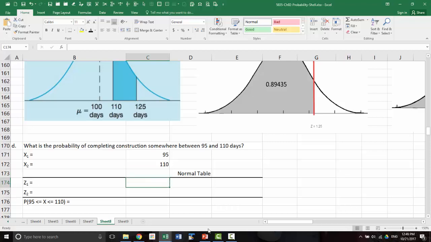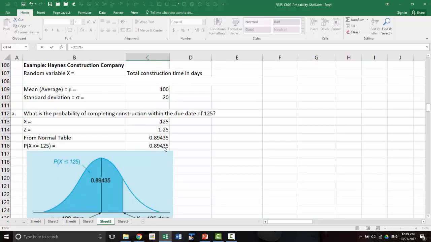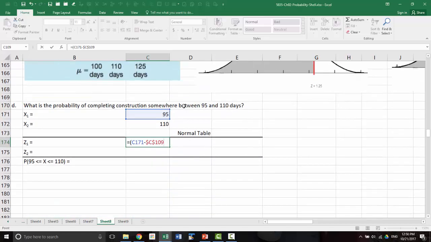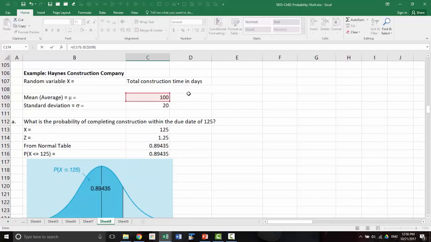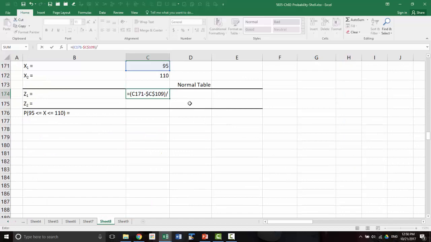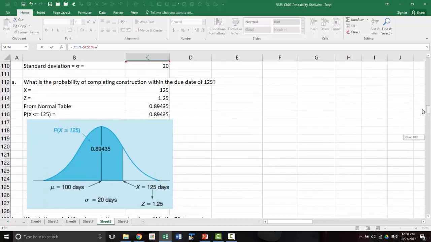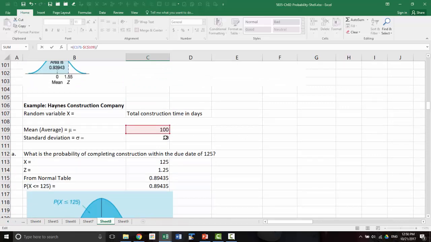So now we can convert these two x values into corresponding z's: that minus that absolute reference, divided by an absolute reference, that.